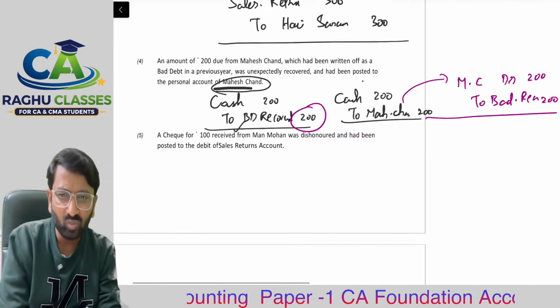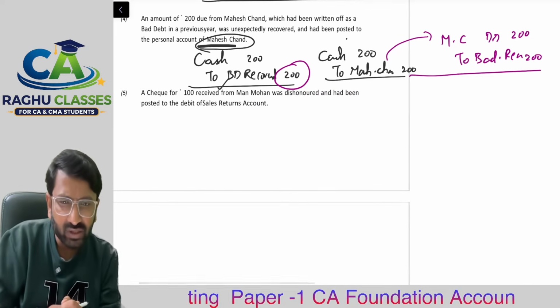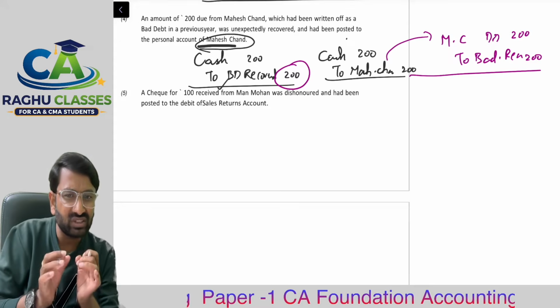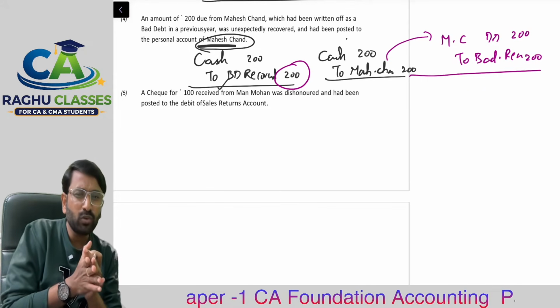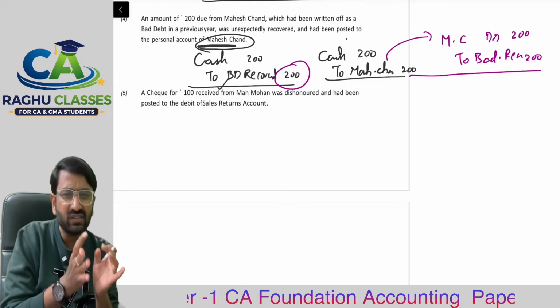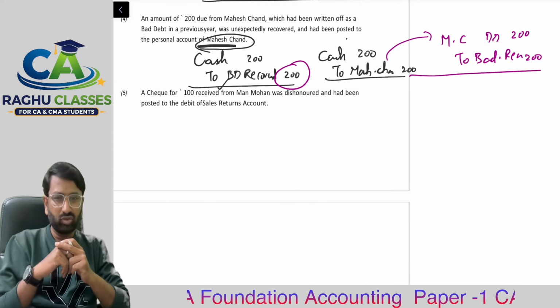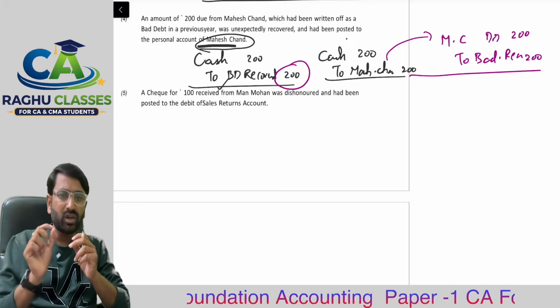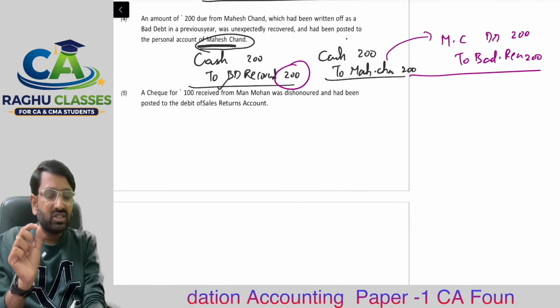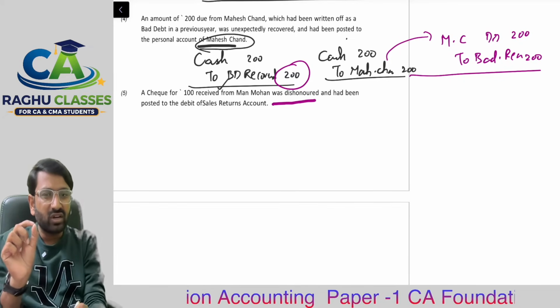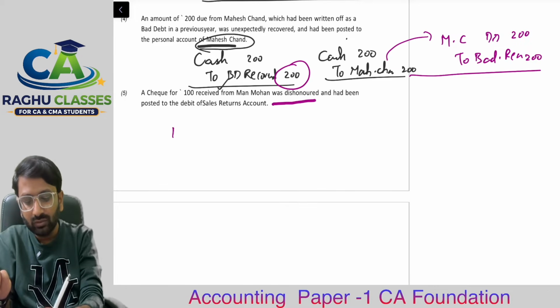Next one. A cheque of 100 rupees received from Manmohan was dishonored and had been posted to the debit of sales return account. See, we got a cheque from Manmohan. Can we say the correct entry is bank account debit to Manmohan? That cheque was dishonored. So what is the dishonor entry? Can we say reverse entry?